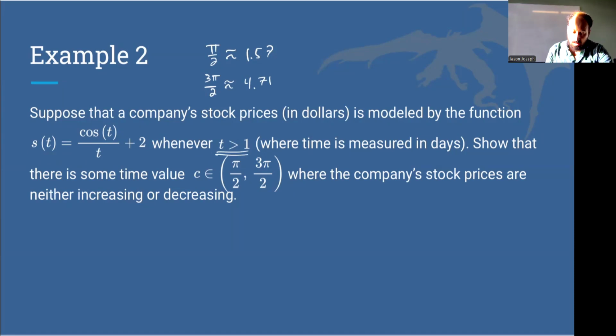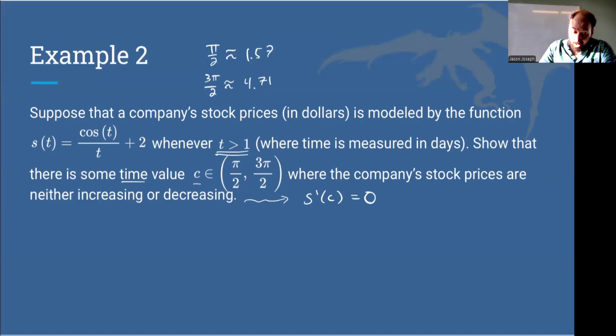Now, what do we want to show? We want to show there's a time c in that interval where the stock prices are neither increasing nor decreasing. So if the rate of change is 0, that means s prime of c is equal to 0. That's our goal, to show that there's a time c where s prime of c is equal to 0.